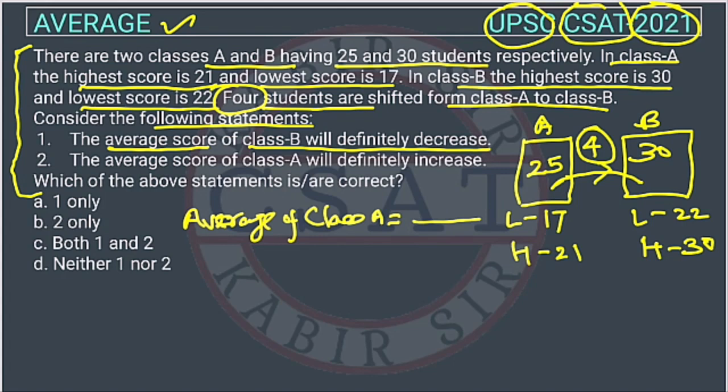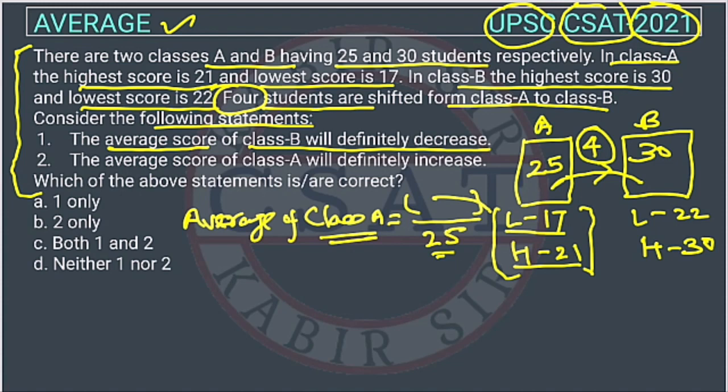The score. So it will include the lowest score also and the highest score. One student has the highest score of 21 and the lowest score is 17, right? So it will be the addition of the scores of all 25 students and here the number of students we know is 25, right? So this will be the average of class A.